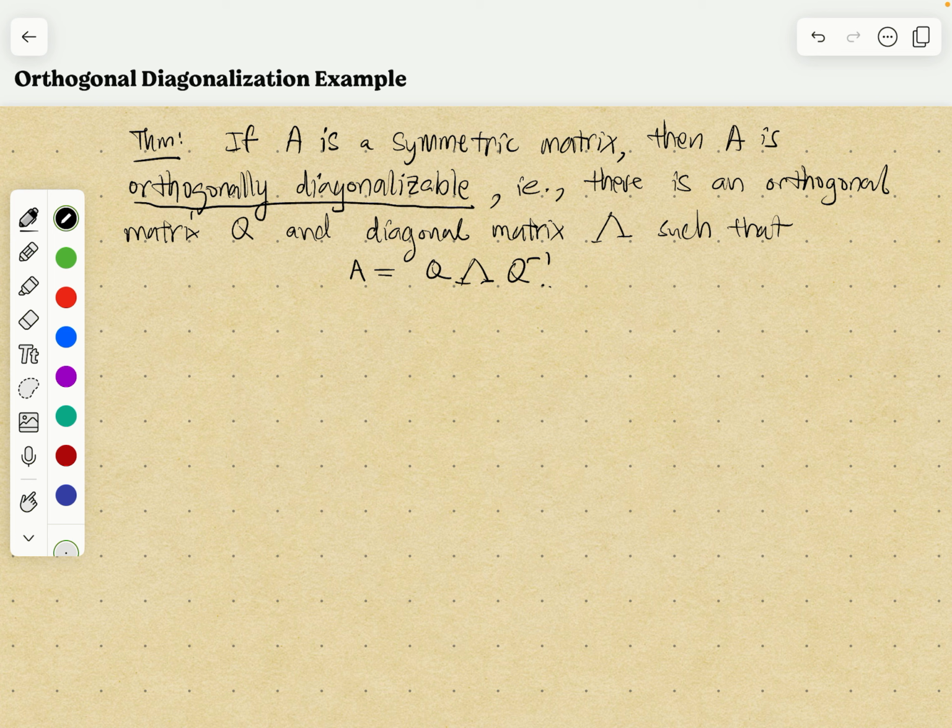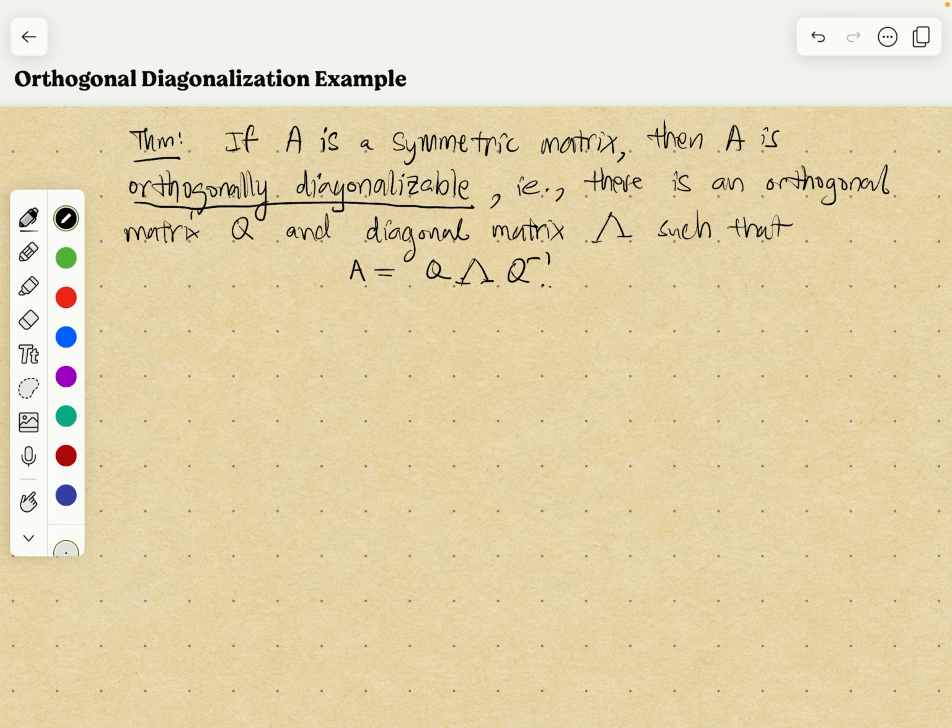So diagonalizable just means that there's an invertible matrix P such that A is P times lambda times P inverse. But the new twist is that you can make the P matrix orthogonal. There's lots of matrices P such that A is equal to P lambda P inverse, but there is a P that is orthogonal.